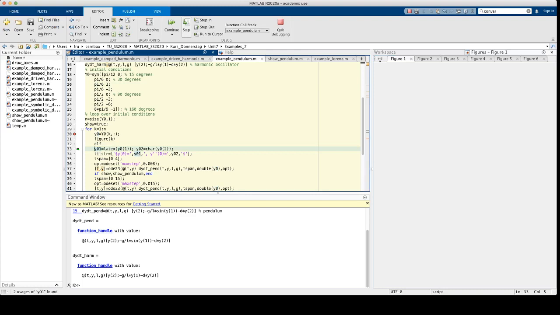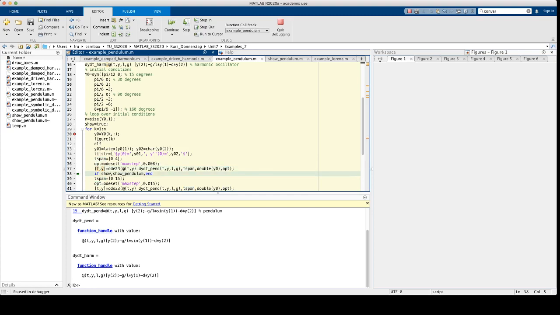We set the title for the following plots. The time span for the animation is 4 seconds from t equals 0 to t equals 4. I set a maximum step size of 0.008 and I solve the pendulum equation using the solver ODE23.